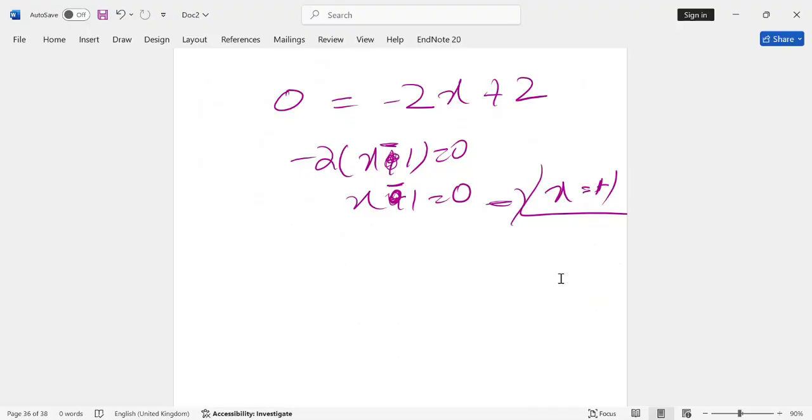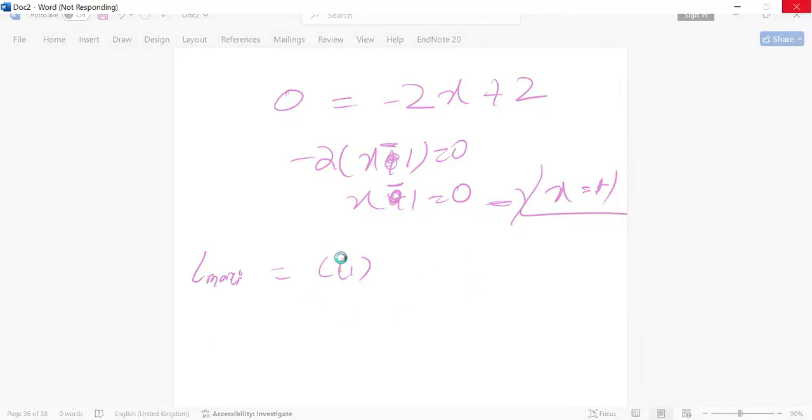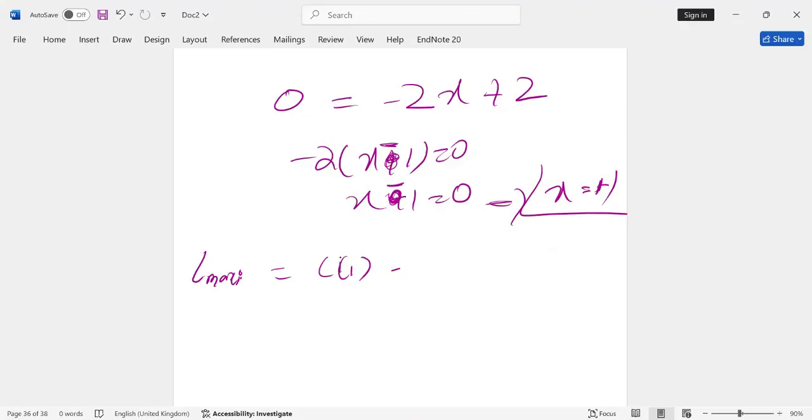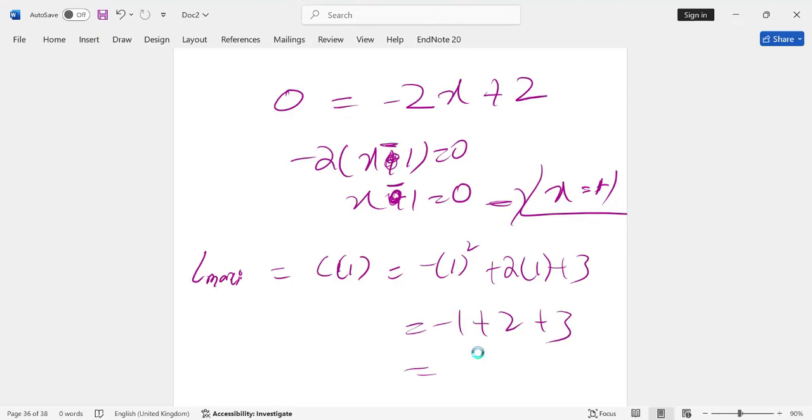Now we have to find the maximum length, L maximum. For L maximum, we substitute x equals 1 into L of x. So L of 1 is minus 1 squared plus 2 into 1 plus 3, which is minus 1 plus 2 plus 3, and we get 4.